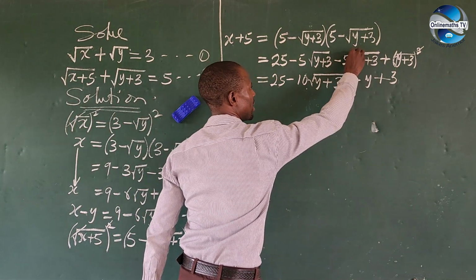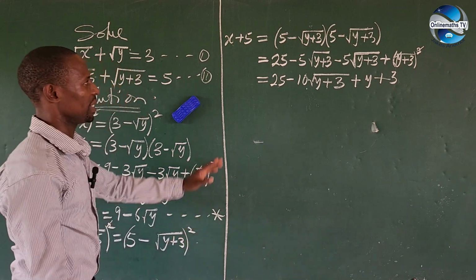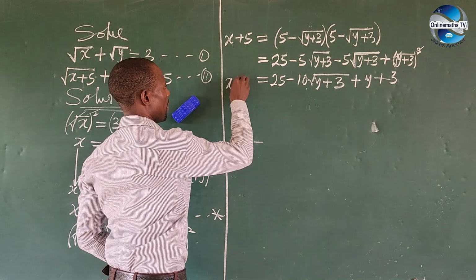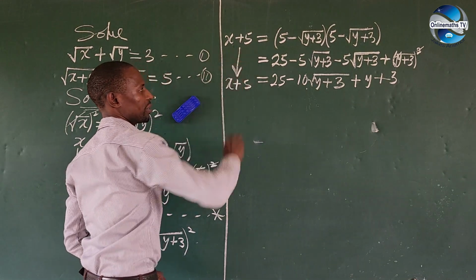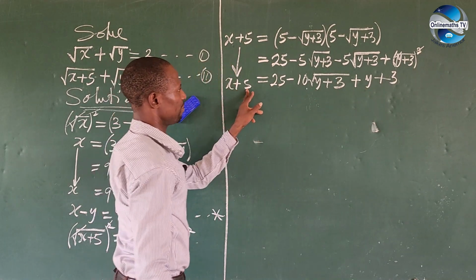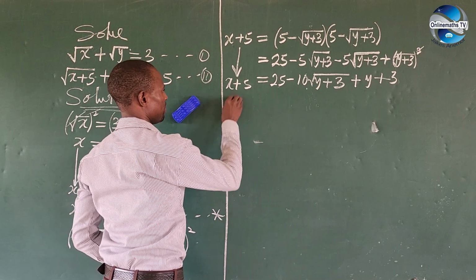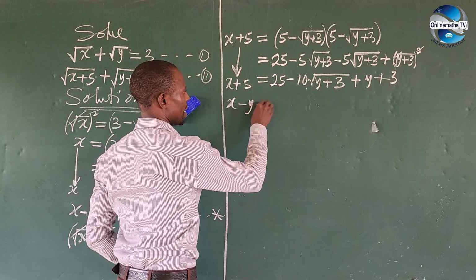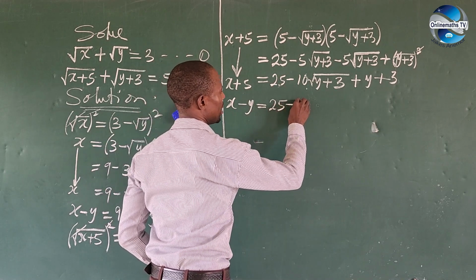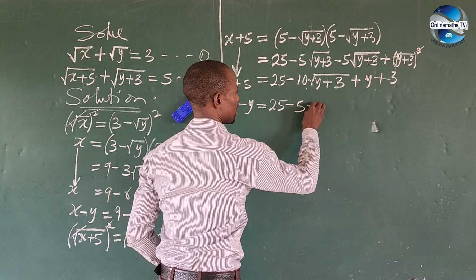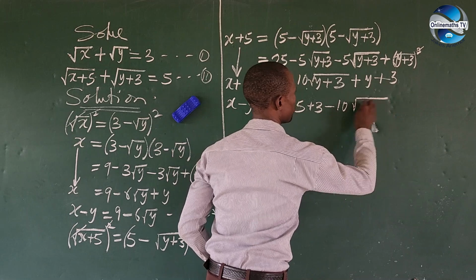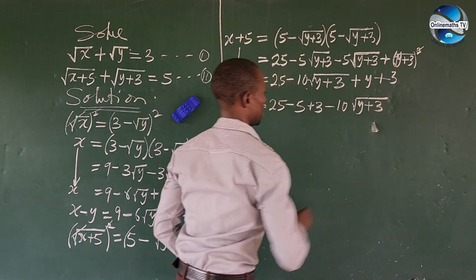What do we do next? Let's rewrite this way. We have our x plus 5 here. I want to move this y to this side and take 5 to this side. So this will give me x minus y equal to 25 minus 5 plus 3, then minus 10 into the square root of y plus 3.